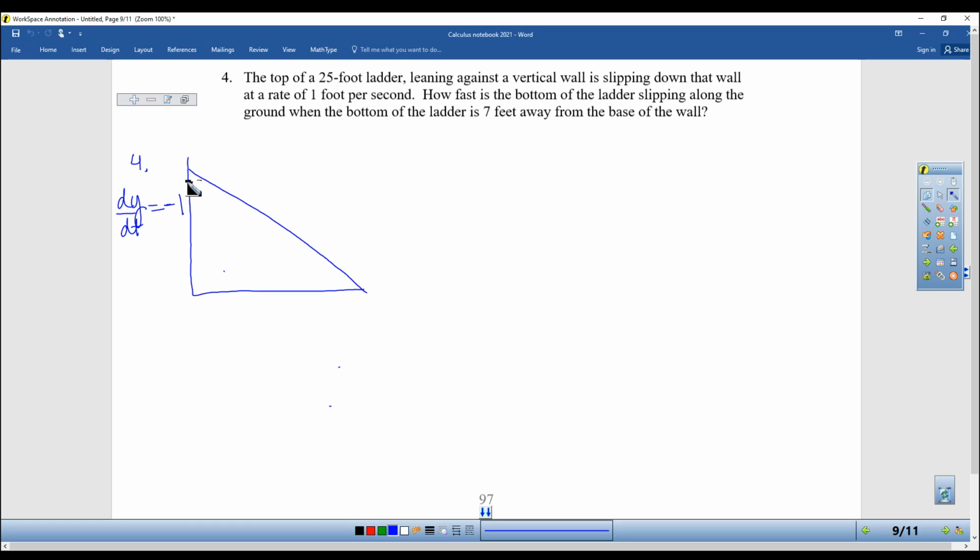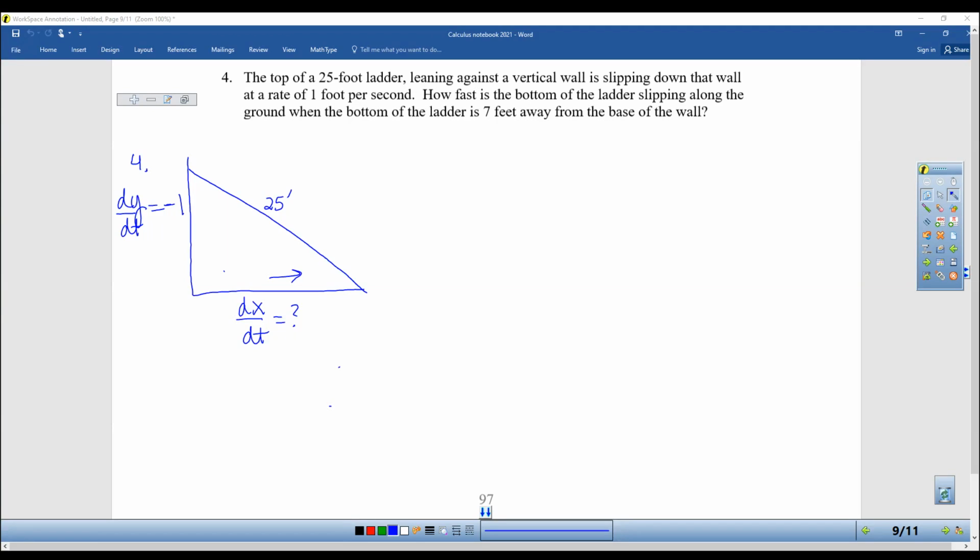So does it make sense that if the ladder is slipping down in this direction, it's also got to be slipping out in this direction? So x is changing. How do we represent change? By dx/dt. How fast is it changing? This is our variable. This is what we want to know. We have a 25-foot ladder.